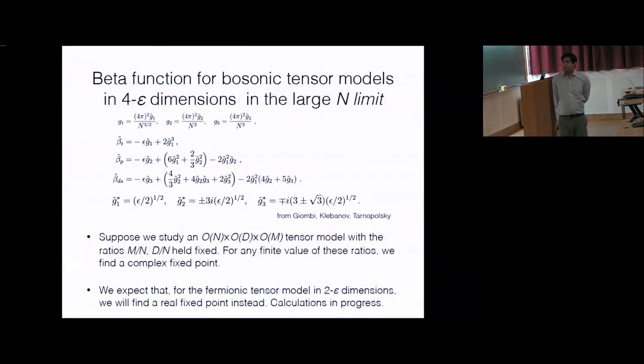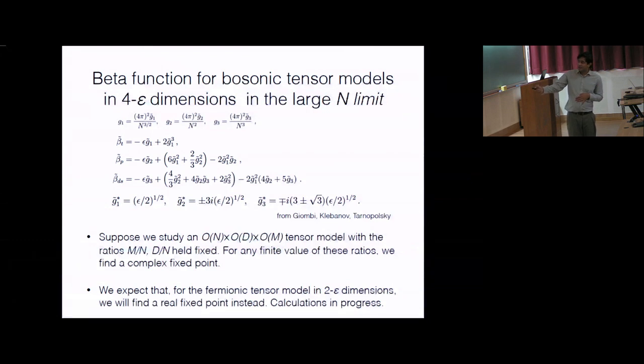Okay, and if you look for a solution to these equations when the tetrahedral coupling is non-zero in 4 minus epsilon dimensions, you find that G is square root of epsilon by 2. The pillow interaction, and here by symmetry you can combine all the pillow interactions into just one coupling, comes out to be complex 3i, and so does the vector interaction.